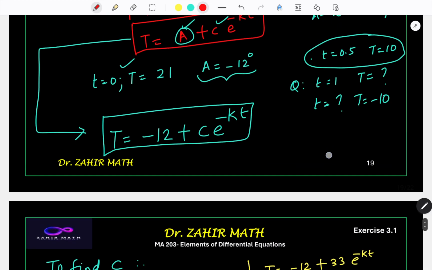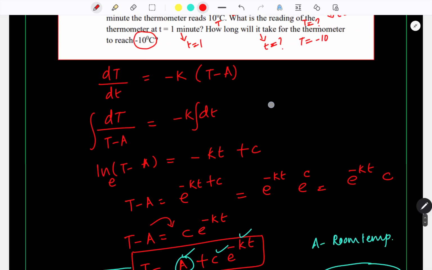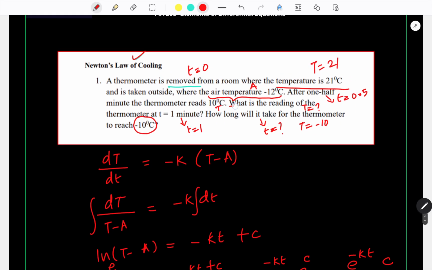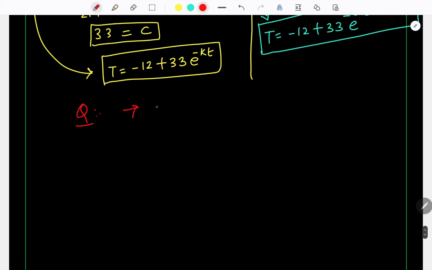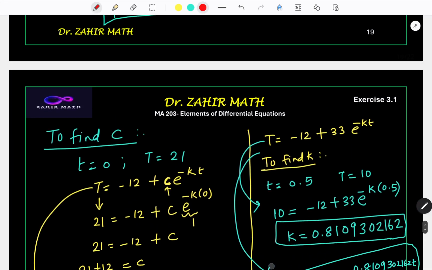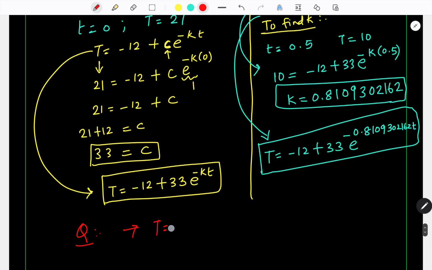At t equal to 1, what is the temperature? Let me read the question again: what is the reading of the thermometer at t equal to 1? The reading of the thermometer means the temperature in the thermometer. So capital T is the question mark when t is equal to 1.